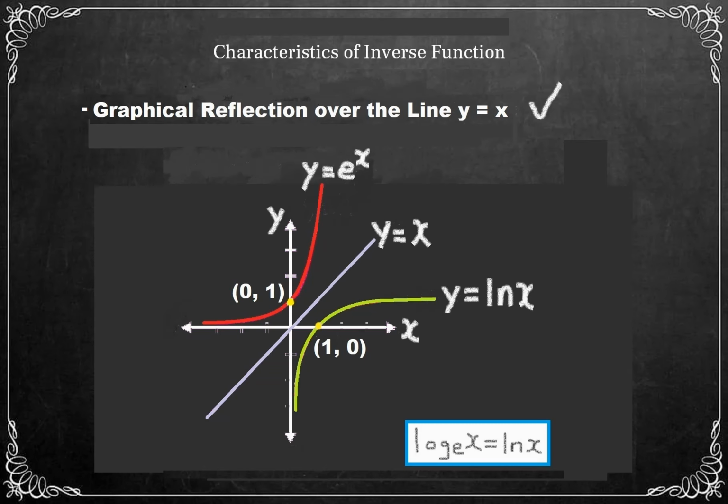This reflection property means that for any point (x, y) on the original function's graph, the point (y, x) will lie on the inverse function's graph, such as the point (0, 1) on the red plot is reflected with the point (1, 0) on the green plot.